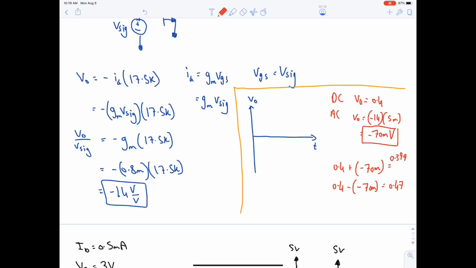So we need to start from the first offset, which is 0.4, then start from the bottom, go up. Maximum peak is 0.47, minimum is 0.399. Okay, good. Sorry, this is wrong, it's 0.33.